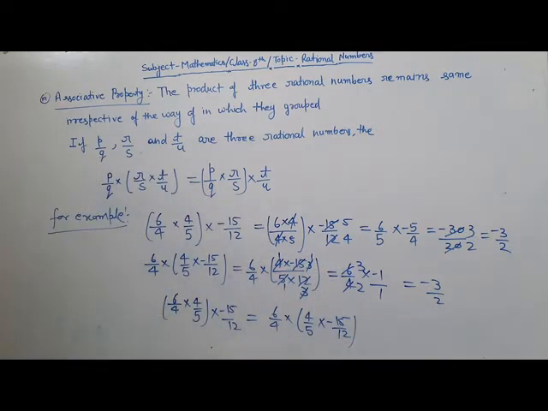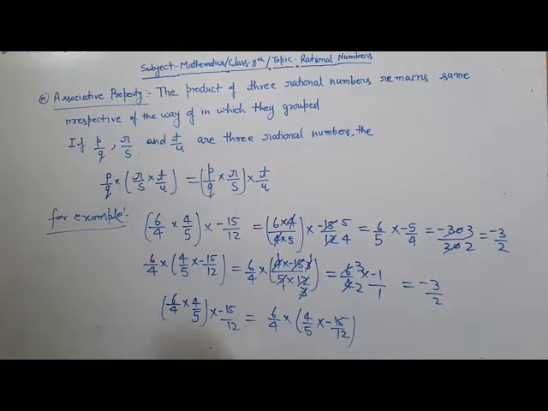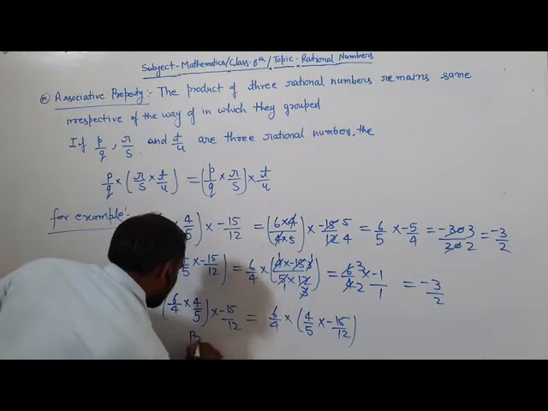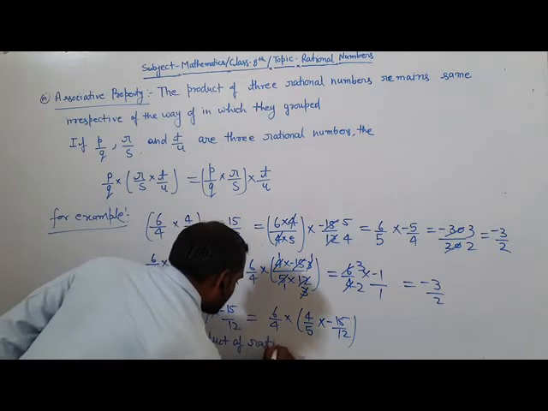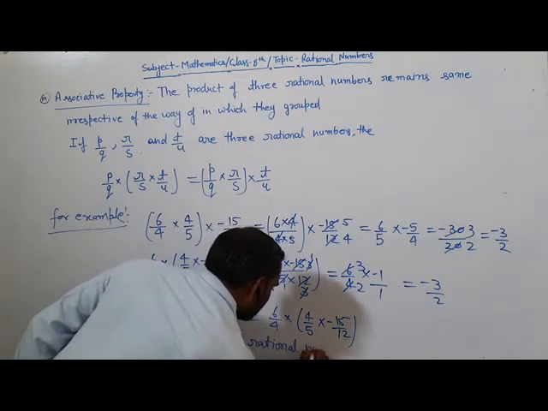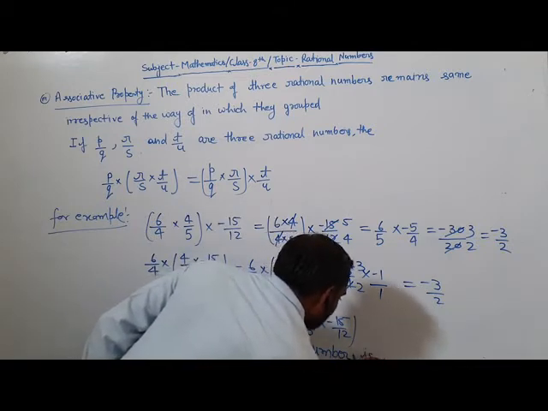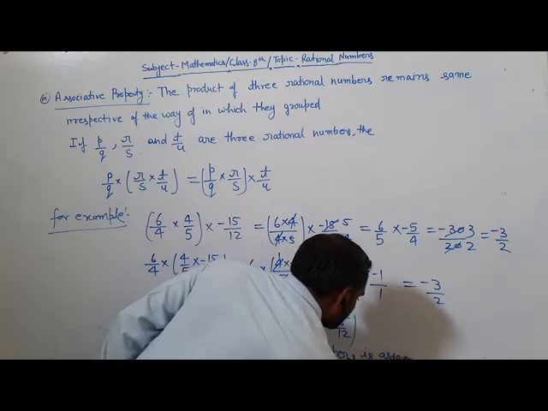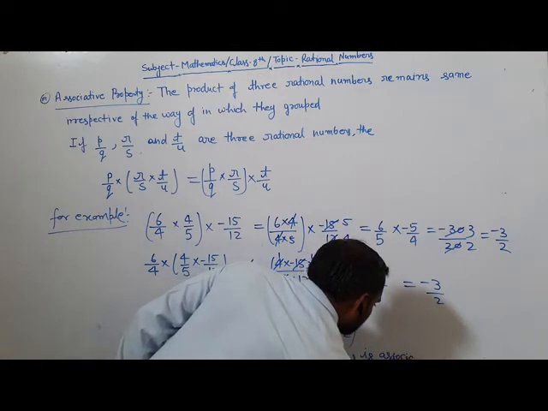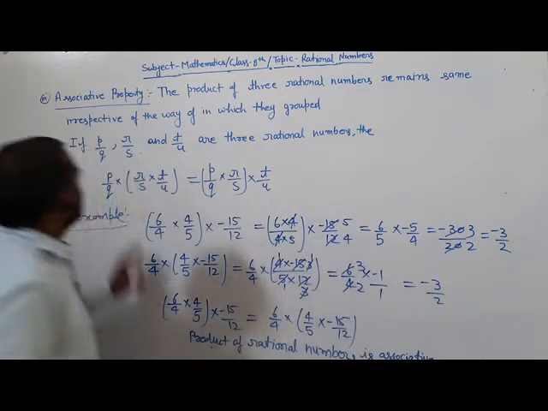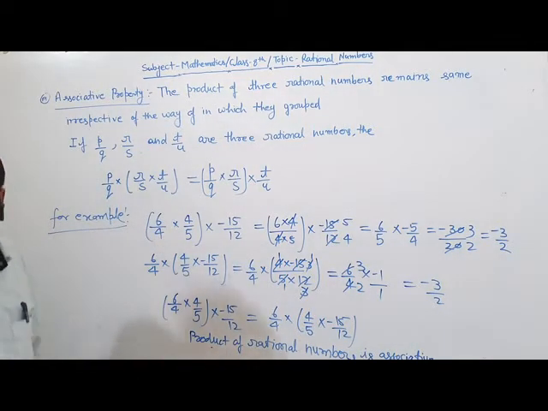So we can say that the product of rational numbers is associative. So here we prove the product of rational numbers is associative.